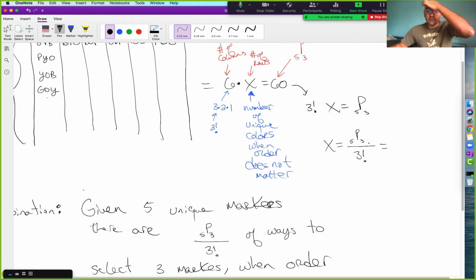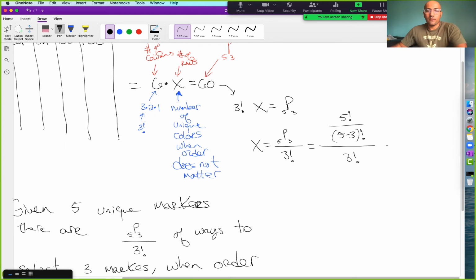The formula for permutations is 5 factorial divided by (5 minus 3) factorial. That's the permutations part, divided by 3 factorial. So this becomes 5 factorial divided by 2 factorial, divided by 3 factorial.